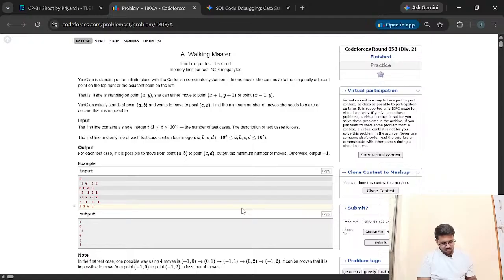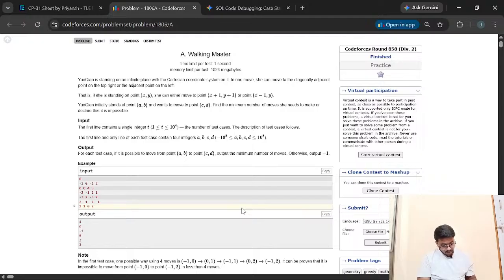Minus minus 1. So to move from 0 to 2, right? So that is 4. We have 0 comma 0 and we have to reach 4 comma 5.